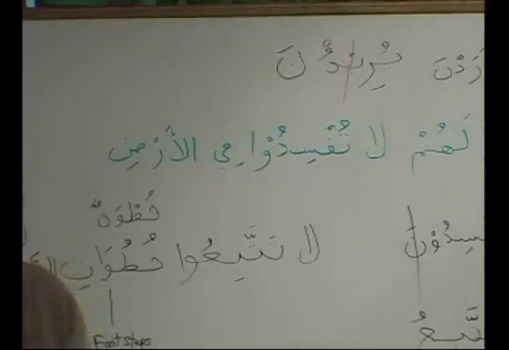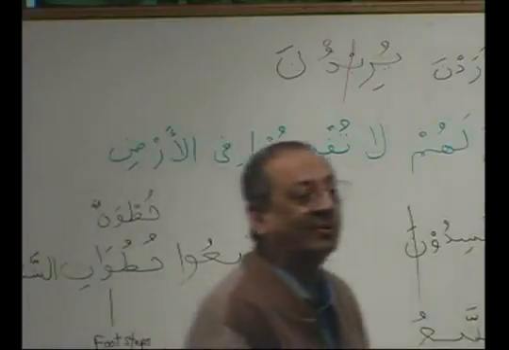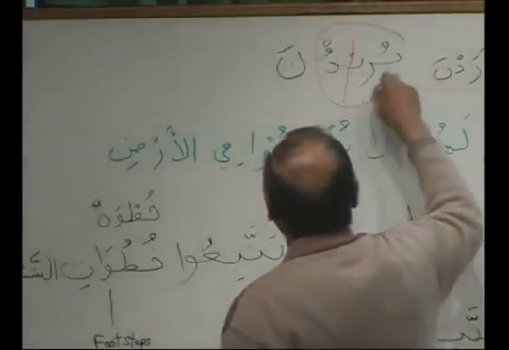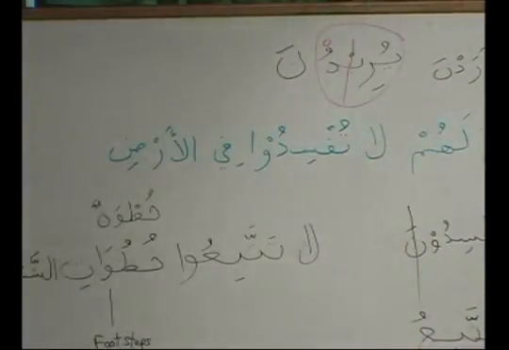So what is left now? Yuridna. How will I describe yuridna? Fi'lun, mudari'un, mabniyun ala sukoon. And then you will describe, if it is marfu, you will say, fi mahalli raf'in.